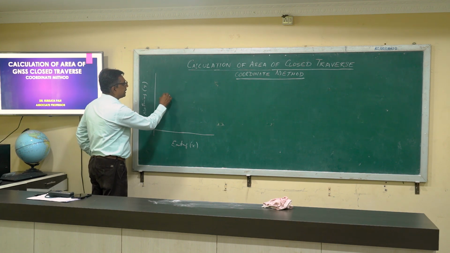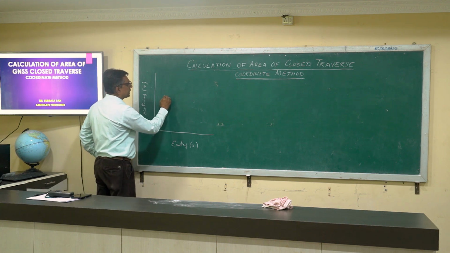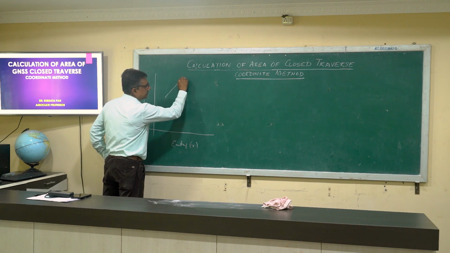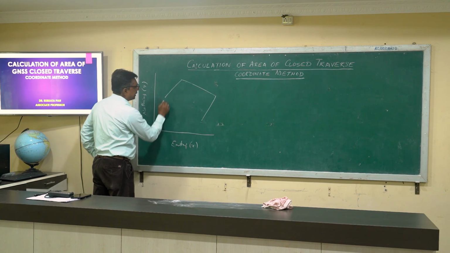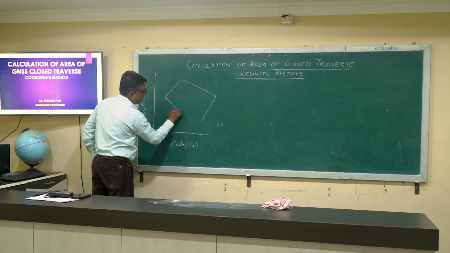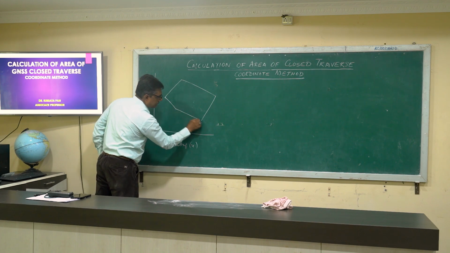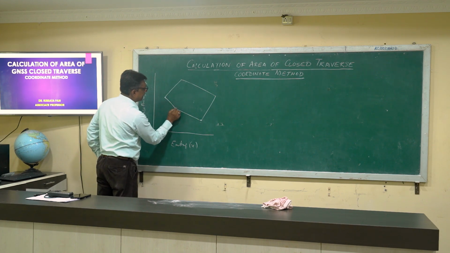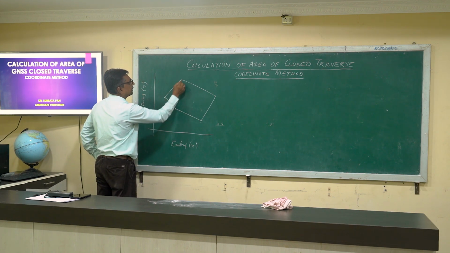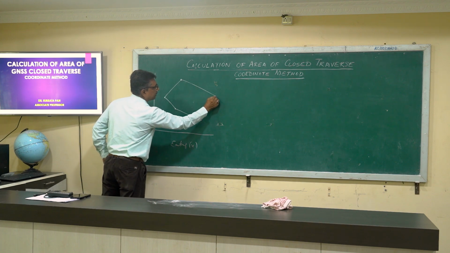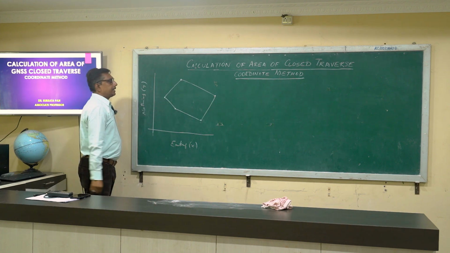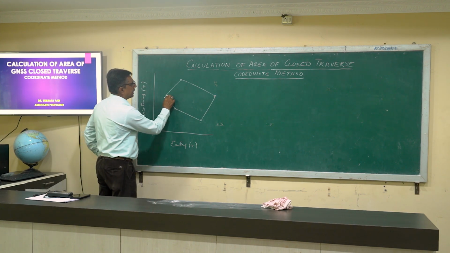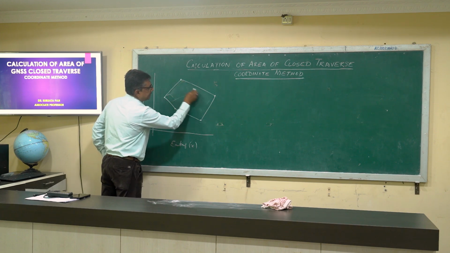So here, if you have surveyed, like this one is a closed traverse, you have surveyed earlier like this. If you surveyed this particular traverse in the field, you can calculate the area enclosed by this traverse.